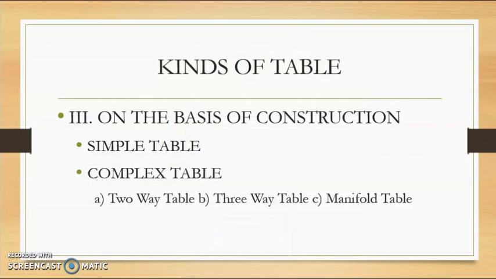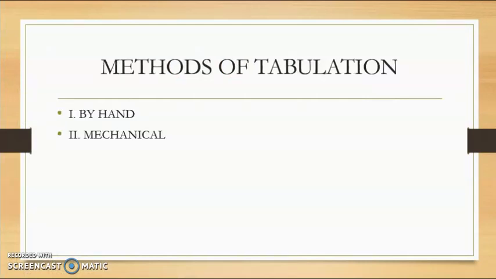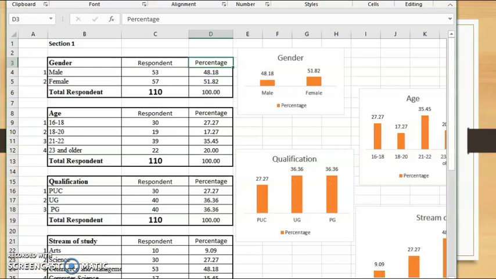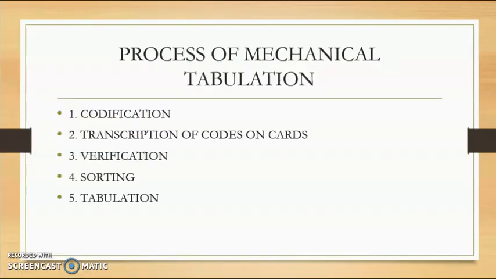Okay, so there are only two methods of tabulation, that is modes of tabulation. One, by hand, you are going to write it, okay, and the mechanical, so you will be able to make it in the table form. Okay, then mechanical tabulation, where you have to make the coding.